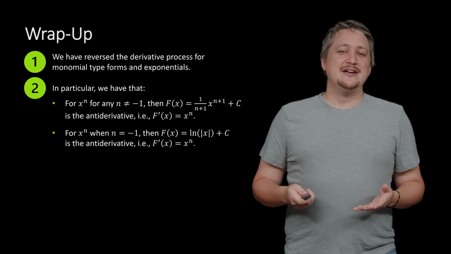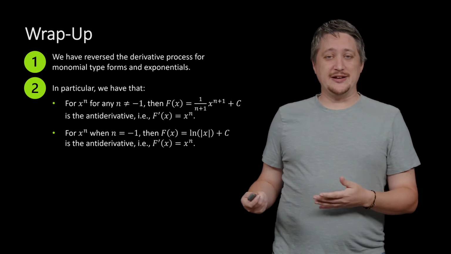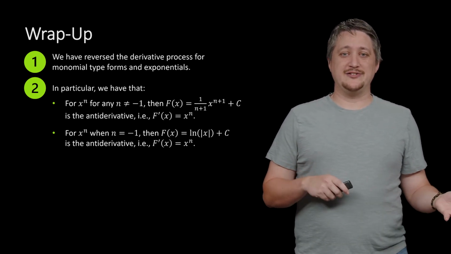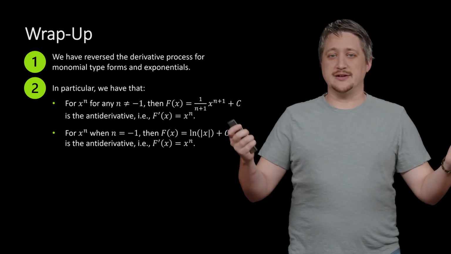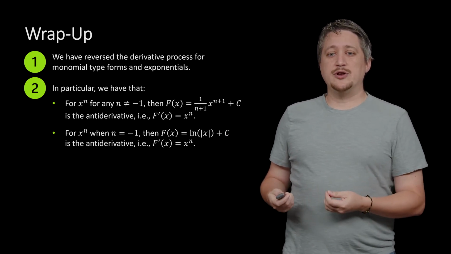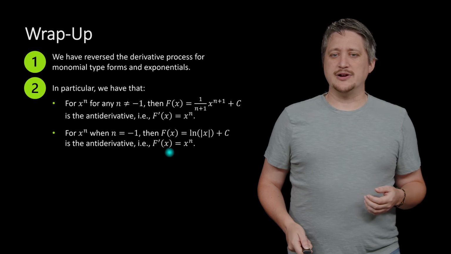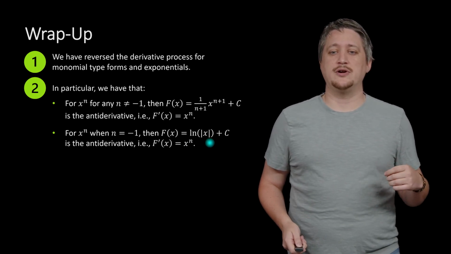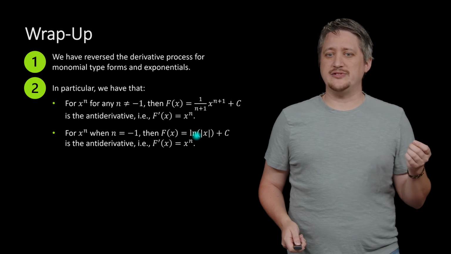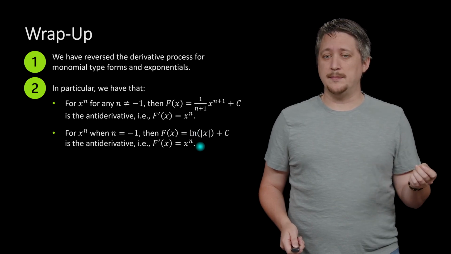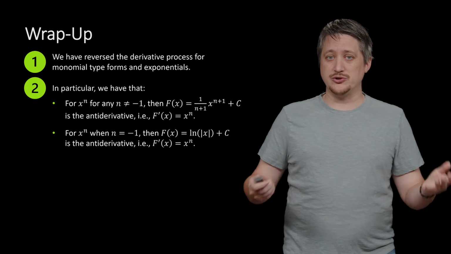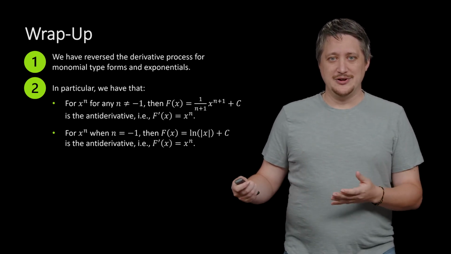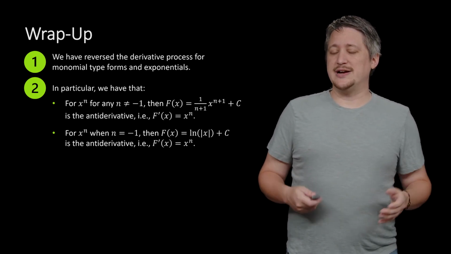All right, so that left the n equals -1 case, right? We have the case where n is not -1, but could be literally anything else. So when n is -1 in particular, we have this other form: the natural log of the absolute value of x plus c, where that absolute value is absolutely important because x could be negative if all you know is that you're getting an antiderivative of 1 over x.